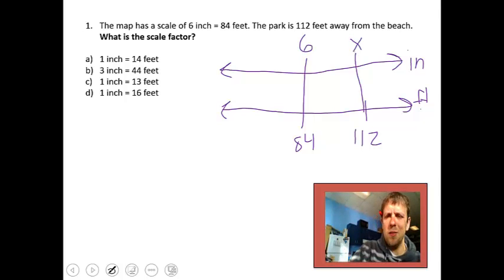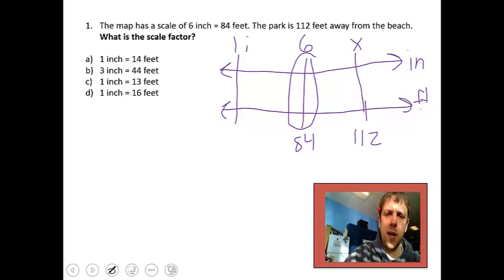In order to find the scale factor, I need to move this line down to 1 inch so it can tell me what the final or the simplified scale factor is. So I think in my head, how does 6 get to 1? Well, 6 divided by 6 gives me 1.